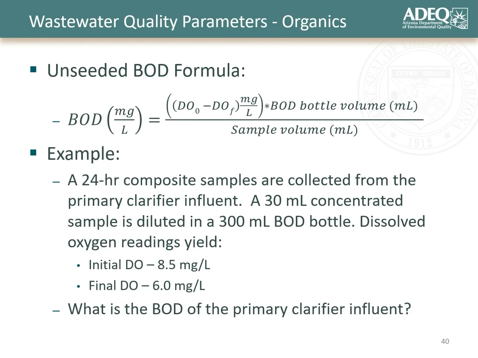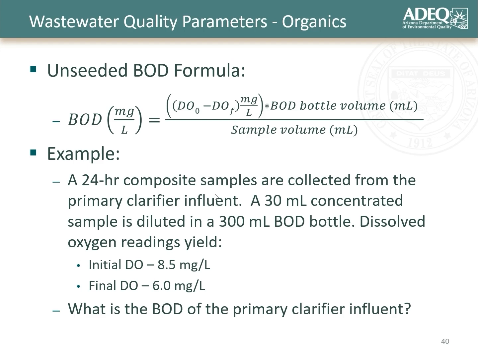Let's walk through how you calculate BOD when you run a BOD sample. The basic equation for BOD is the dissolved oxygen initially minus the dissolved oxygen at the end of the 5 days, times the sample bottle size, the final bottle that you used, divided by how much of your sample you put into that bottle.